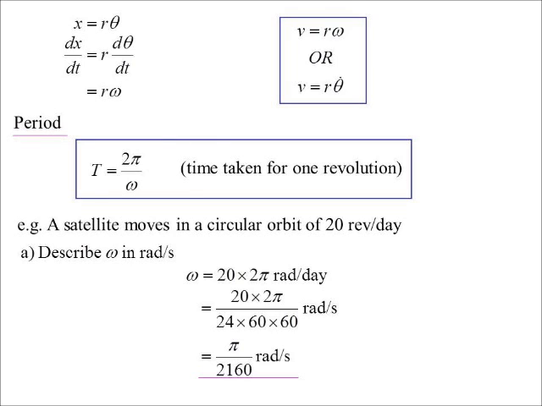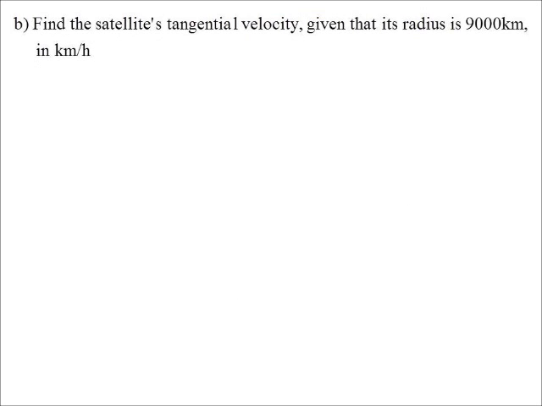So if you talk about how fast this thing is travelling, that doesn't really tell us that much, because we tend to think of things like kilometres per hour to get a feel for how fast it's going. Is that quick or is that slow? Well, it all depends on the radius. So if I want to find this satellite's linear or tangential velocity, the radius, of course, is quite large. It's 9,000 kilometres.